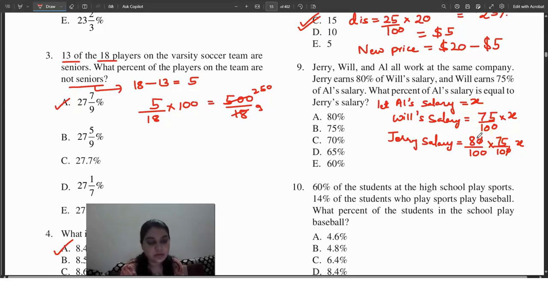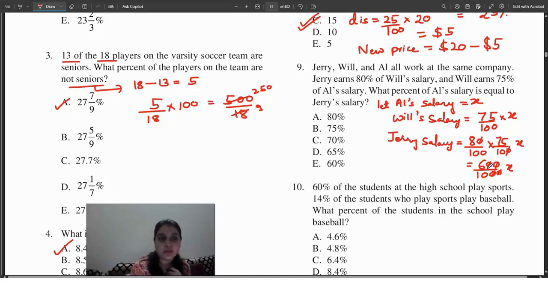And now 75 into 8 will be 600. So it's coming as 600 upon 1000 X. So basically 6 upon 10 X.